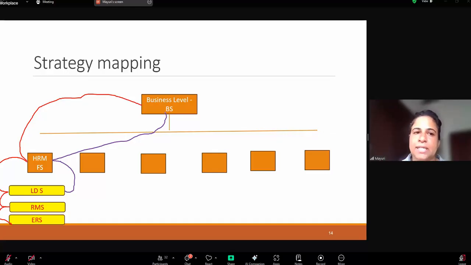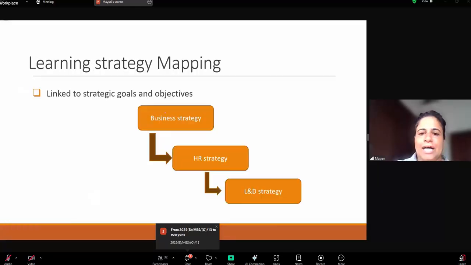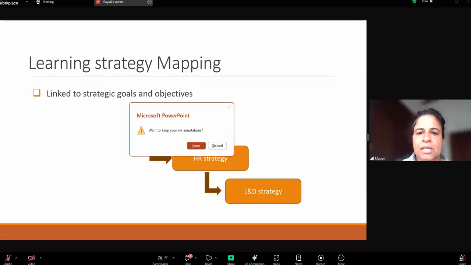That is what we call strategy mapping. We should be able to do this. This is how it is usually reflected: first the business strategy, then the HR strategy, and the L&D strategy. I hope the theoretical understanding is with you now.